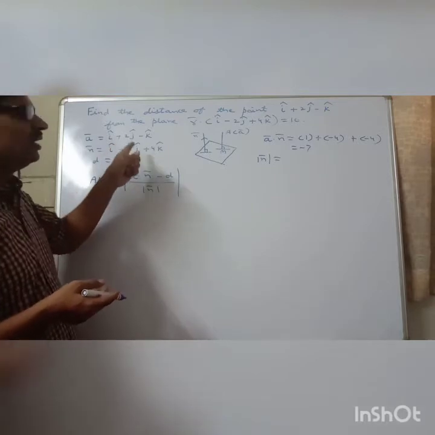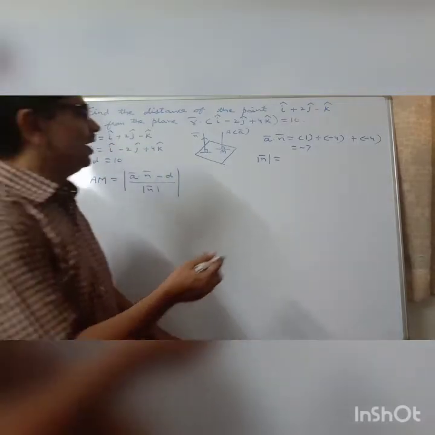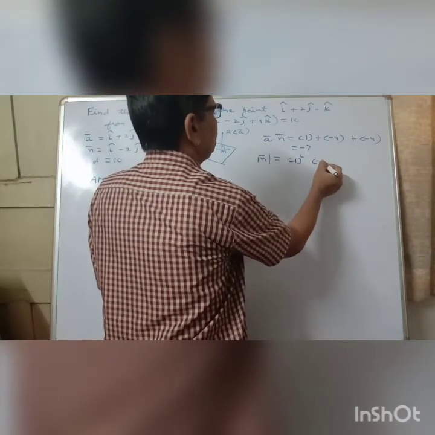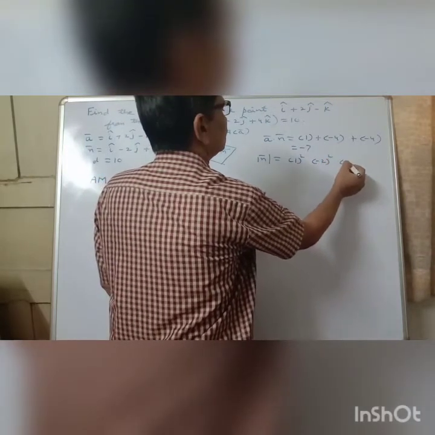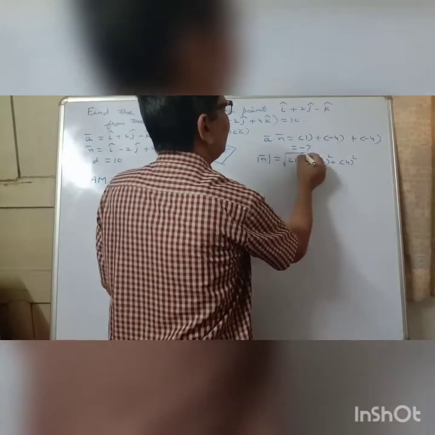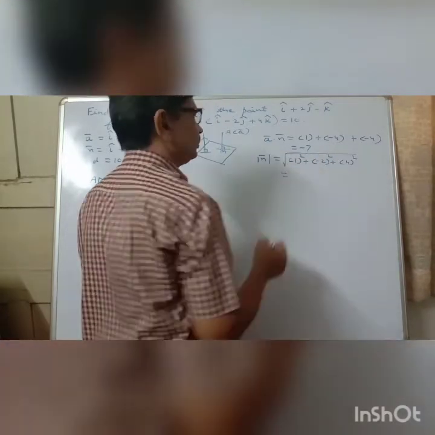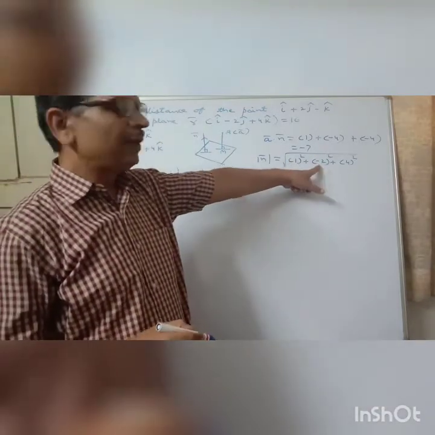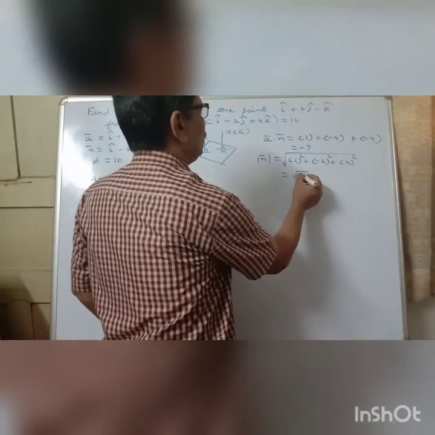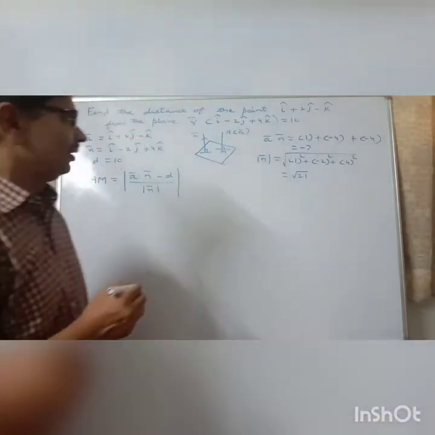So 1, minus 2, 4 are the scalar quantities. Square them, find their sum and put that under radical sign. 1 plus 4, 5, plus 16. So 21 under radical sign.